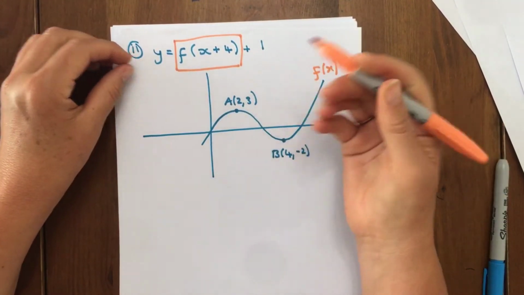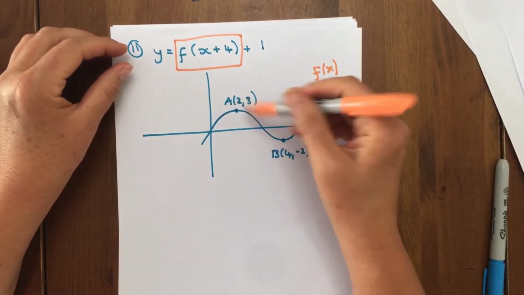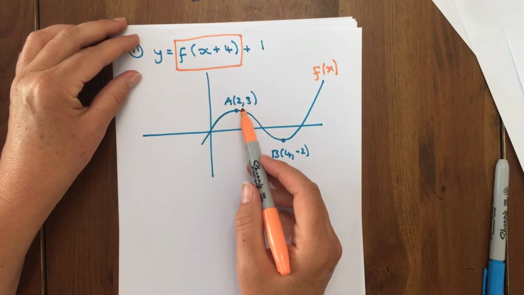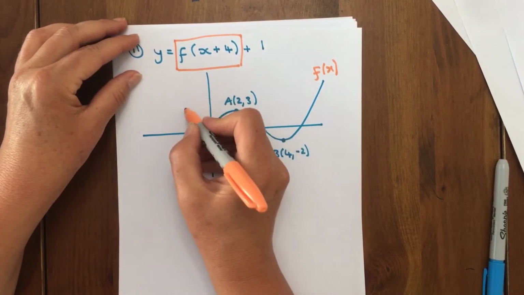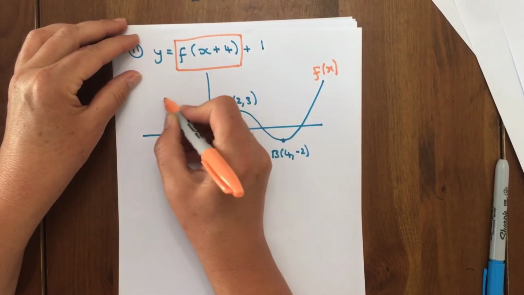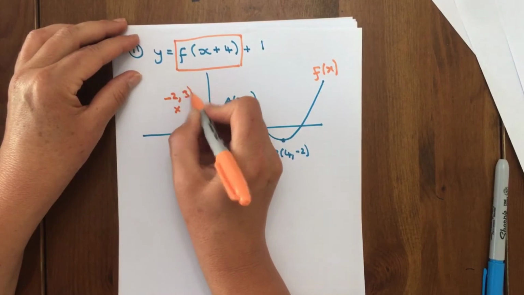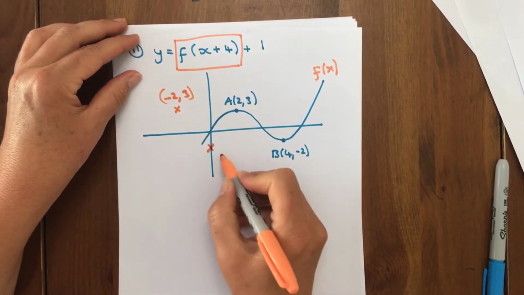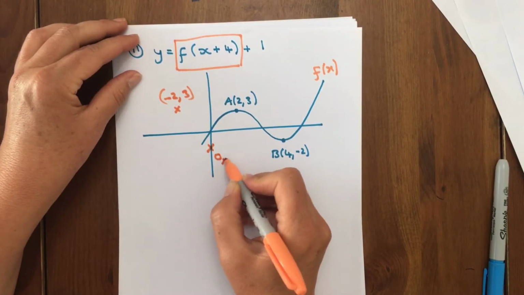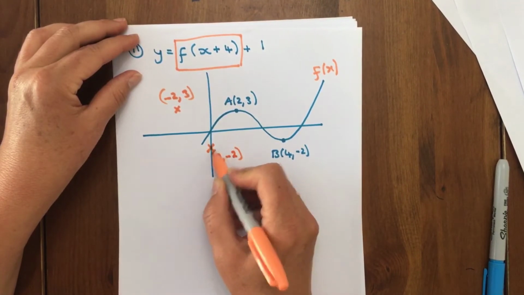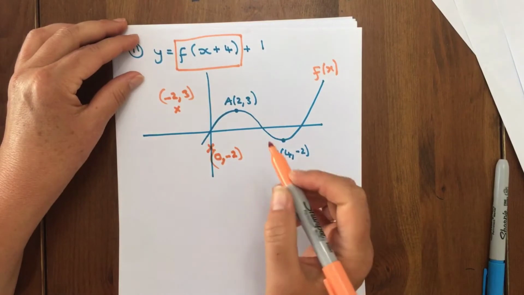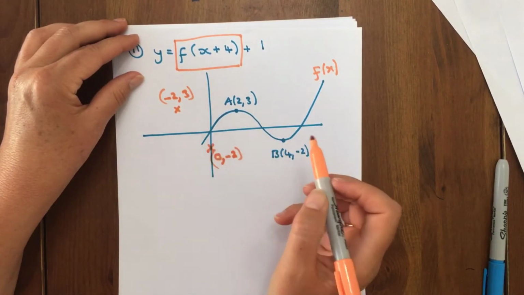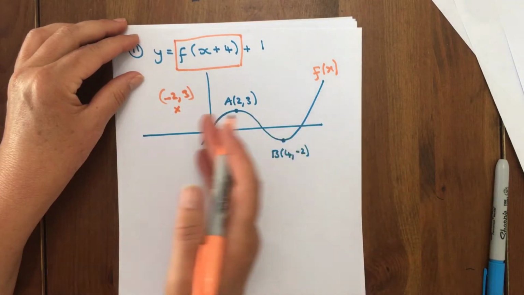So my y values will stay the same for a and b, and my x values will be subtracted by 4. So a will go here to minus 2, 3, and b will go here to 0, minus 2. So, and this point here would also have moved 4 across. So everything moves 4 across.